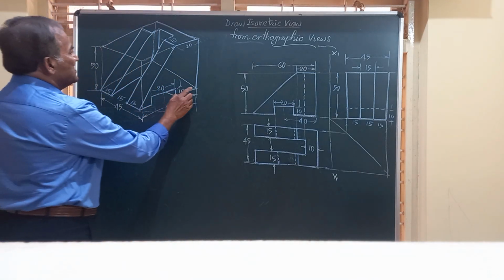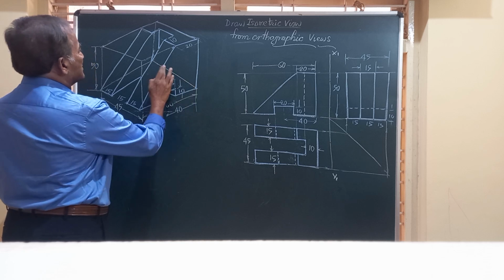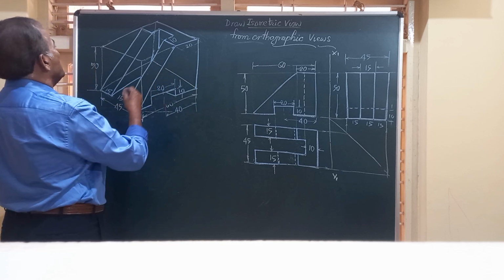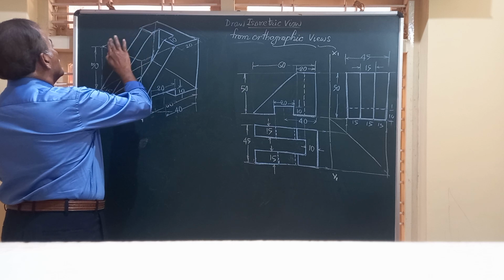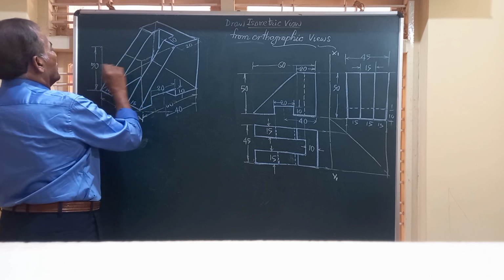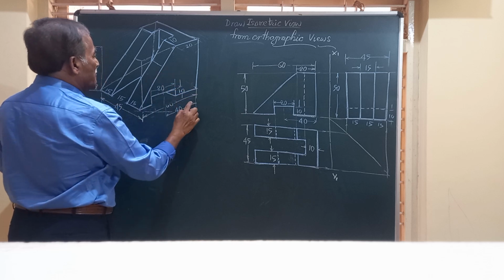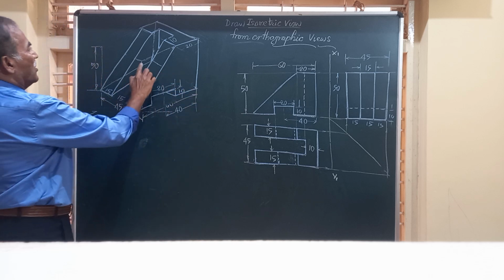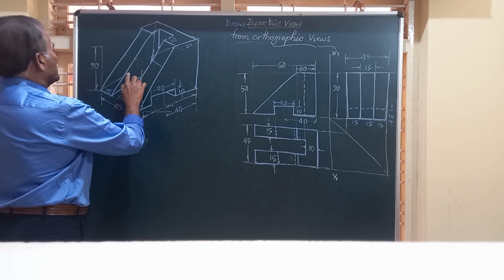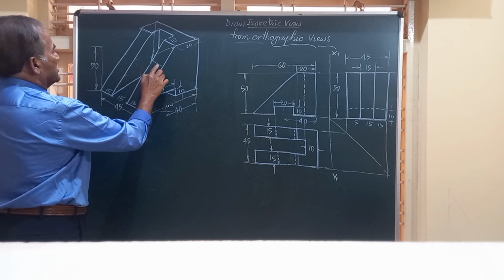And whatever these construction lines I have written here can be removed to give a better look to the drawing. So this can be removed, and you will have a better understanding of this particular component.